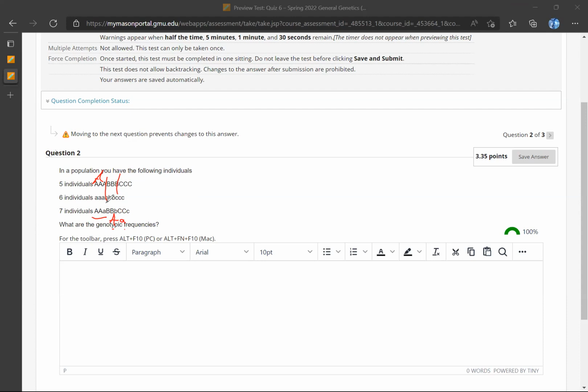But on the whole, this individual is triploid because three alleles, no matter what variant they are, represent the gene at that locus.